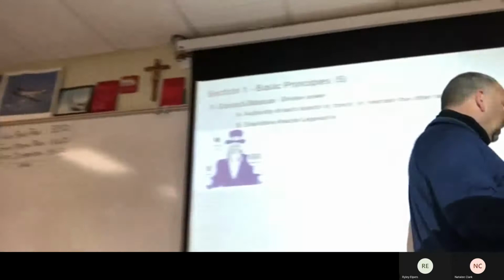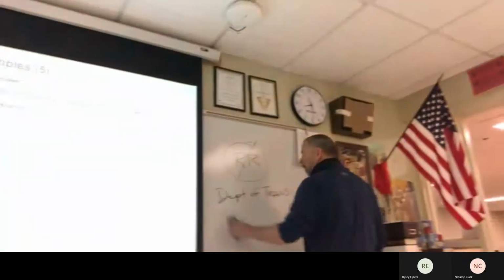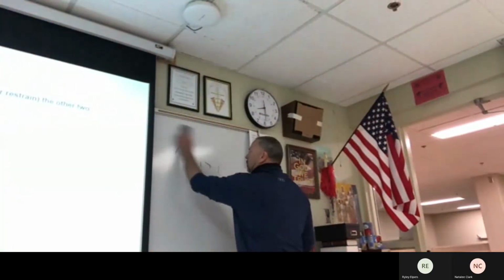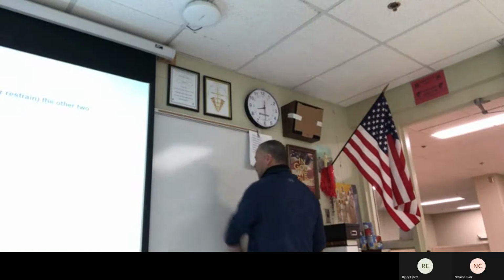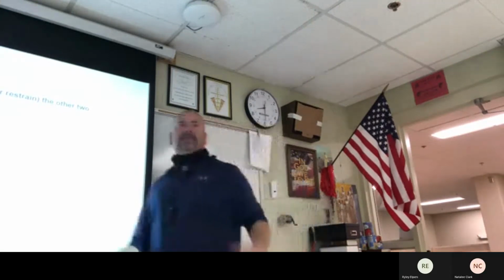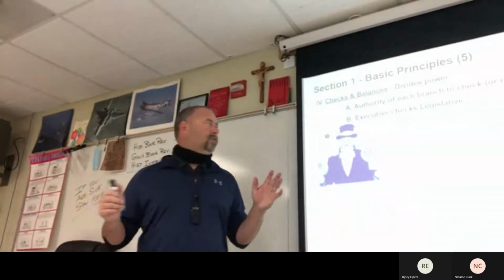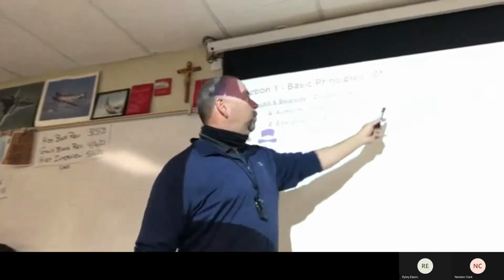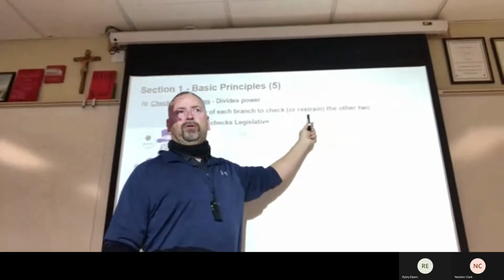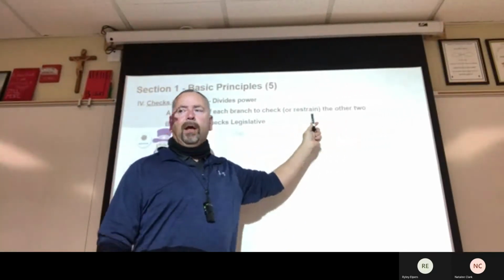This is where they give one branch of government the power to restrain. This is the key word, guys. On the test, you're going to be looking at fill in the blank, multiple choice, and so forth. You're looking for this word right here, restraint.